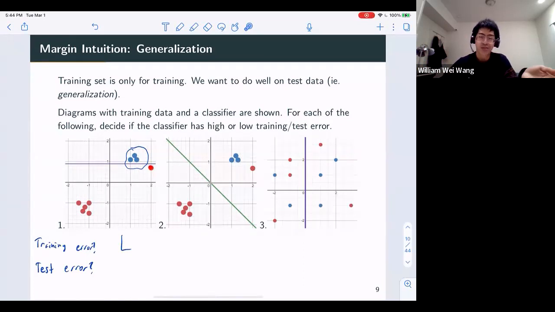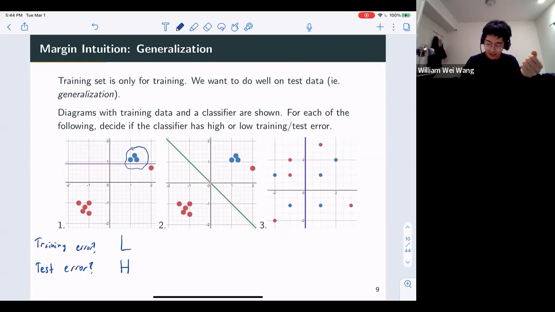And this red point might just be an outlier of some sort. Your data distribution might not look like that, that's a little weird of a shape. So if you see something like this on the exam, you should say that it's a high test error, just because this line is way too close for comfort to this blue region.